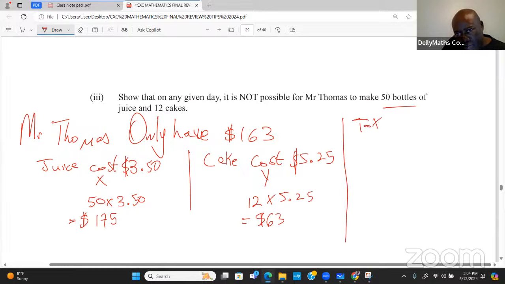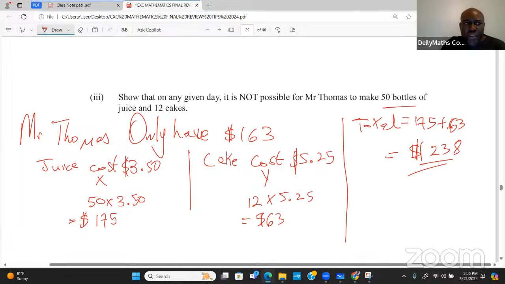Total: 175 plus 63. Already, we can see that it's gone over, so this is $238.